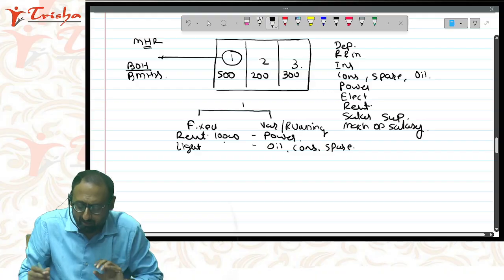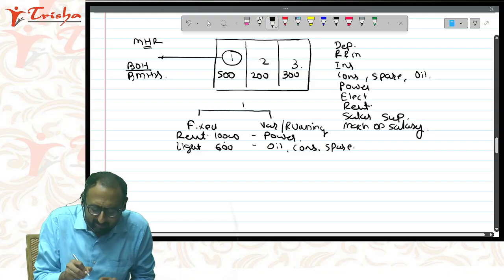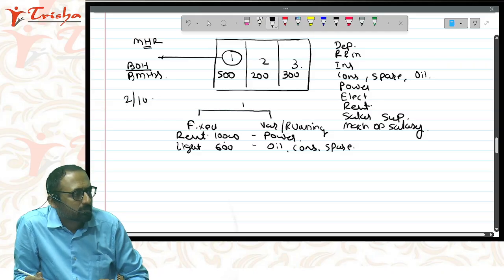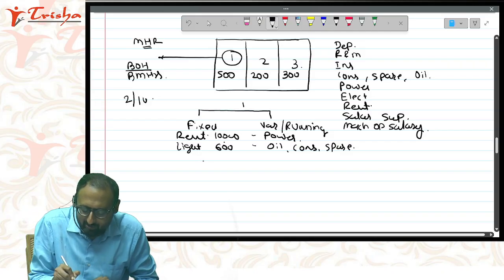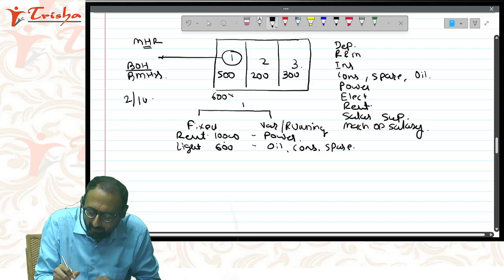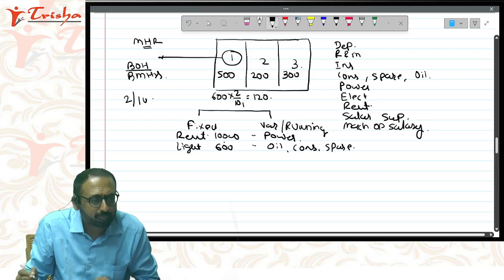It will be given in the question. Suppose lighting expenses are 600 and machine number 1 has 2 out of 10 light points. How much lighting expense is applicable to this machine? 600 multiplied by 2 divided by 10. What will be your answer? Is it 120 rupees?